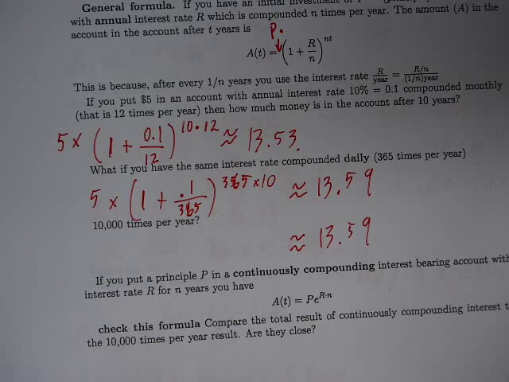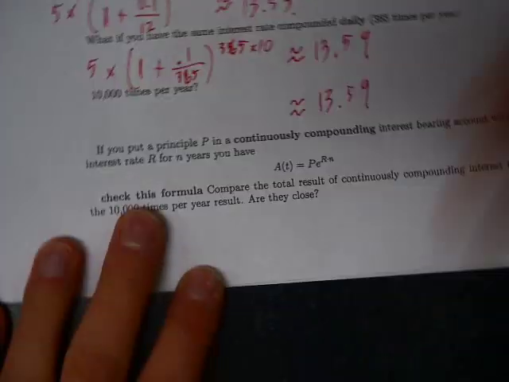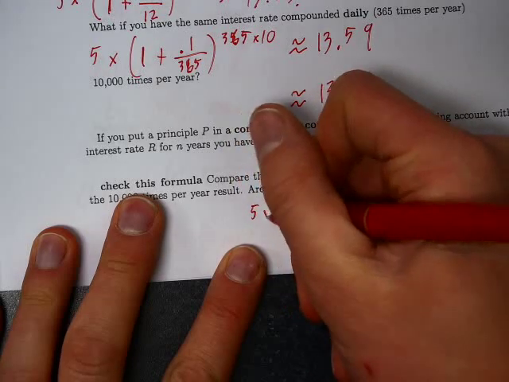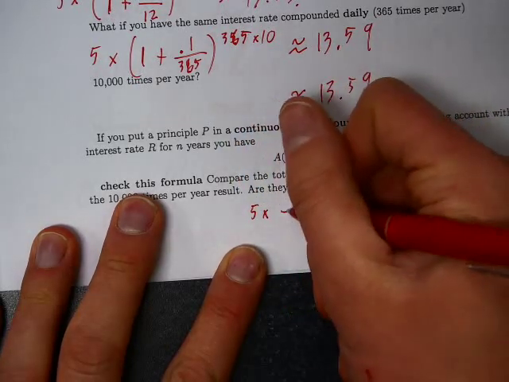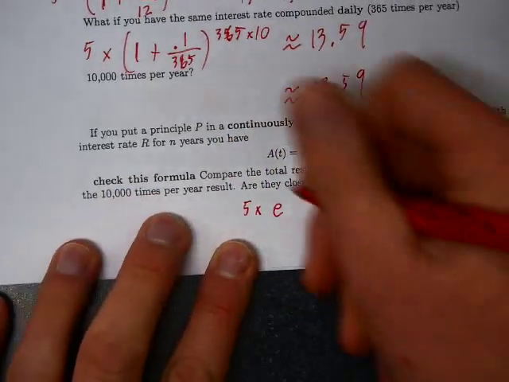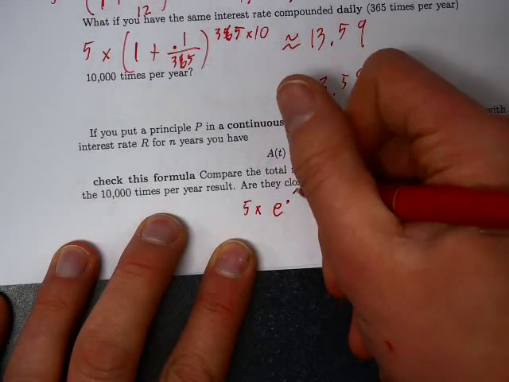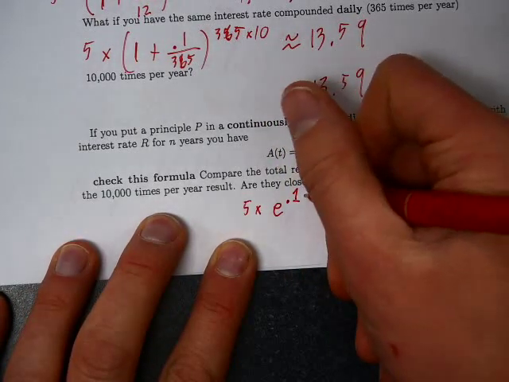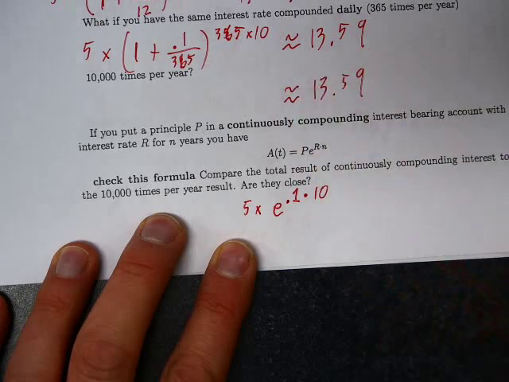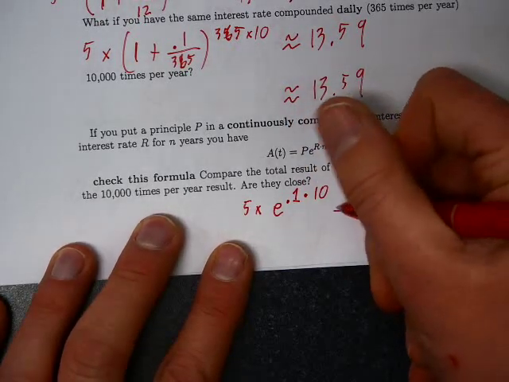We did this computation and saw what the amount you get after 10 years with compounding 10,000 times per year, which is pretty close to infinity times per year, right? 10,000 is pretty big. Let's see what it actually is, though. So it should be 5 times e to the interest rate, 10%, also known as 0.1, times the number of years, 10.